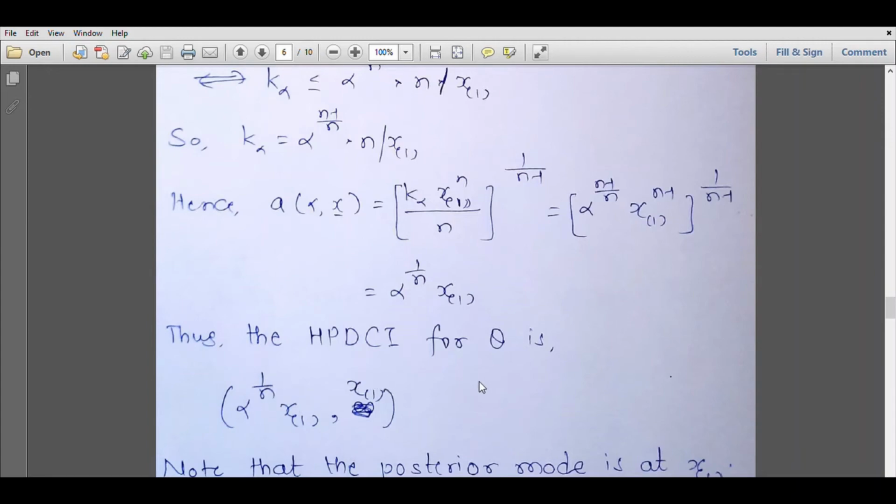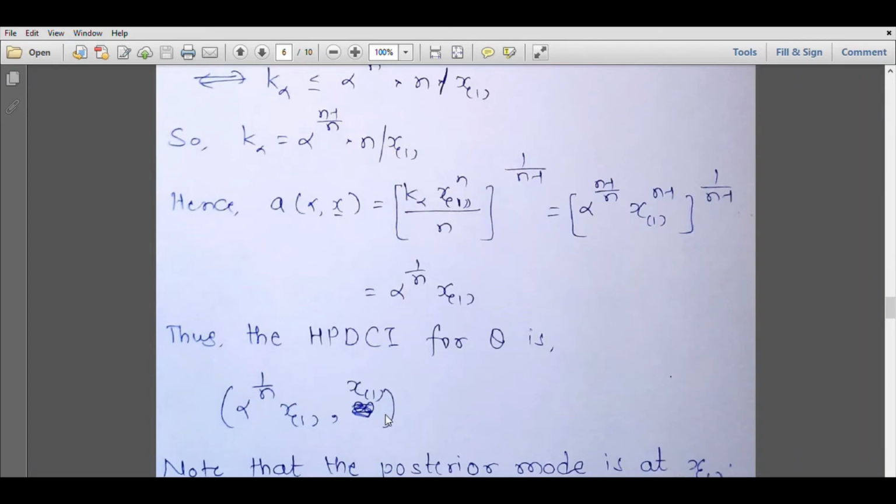So notice that here, because we say that the highest posterior density credible interval should always contain the most likely value of theta. In this case, the posterior mode, that is the most likely value of theta, is x ordered 1. So now the interval ends at x ordered 1.